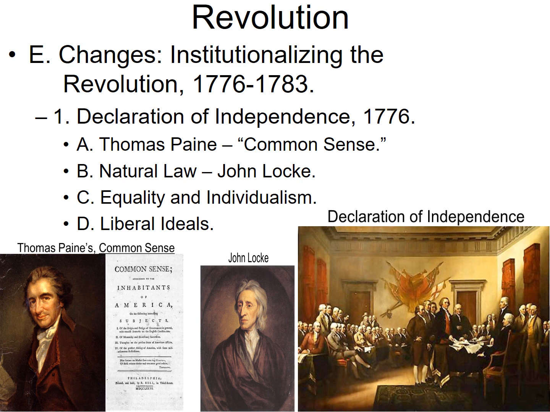On to the next point, letter B, natural law and John Locke. You might recall I mentioned this fellow named John Locke, the guy here in the middle bottom of our slide. The English philosopher who defended the Glorious Revolution.